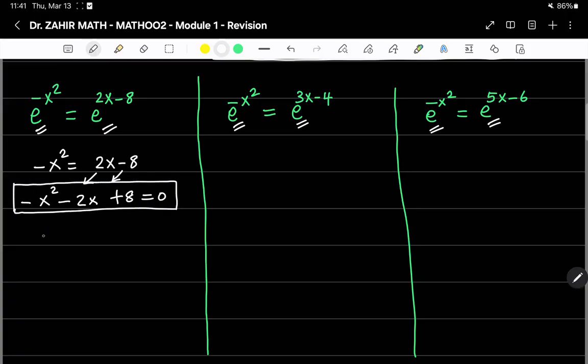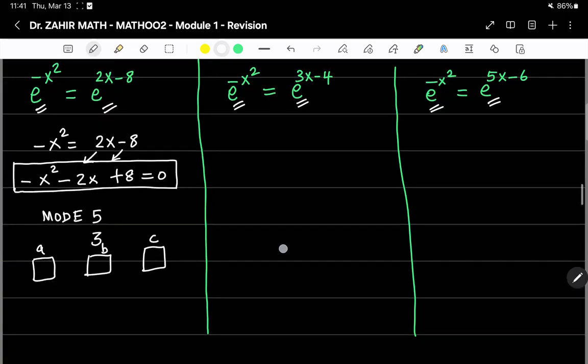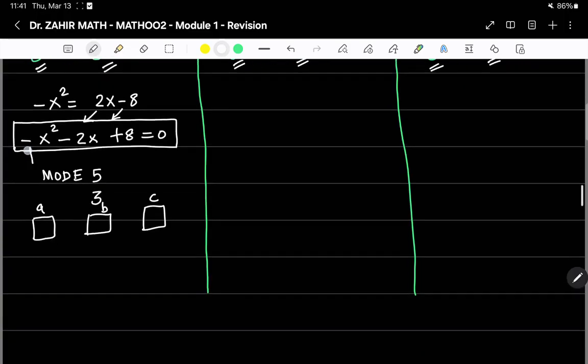So please go to the calculator, mode 5 and then 3. If you use this one, you will get A, B, then C in the calculator. What is your A? Coefficient of x square, minus 1. What is your B? Coefficient of x, minus 2. What is your C? Constant, the number.